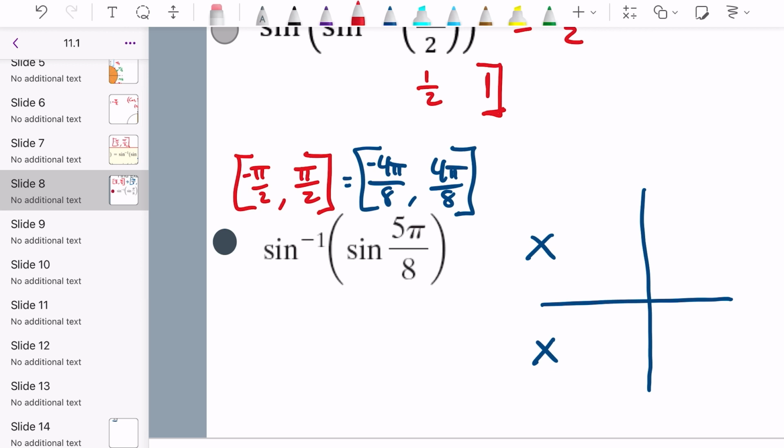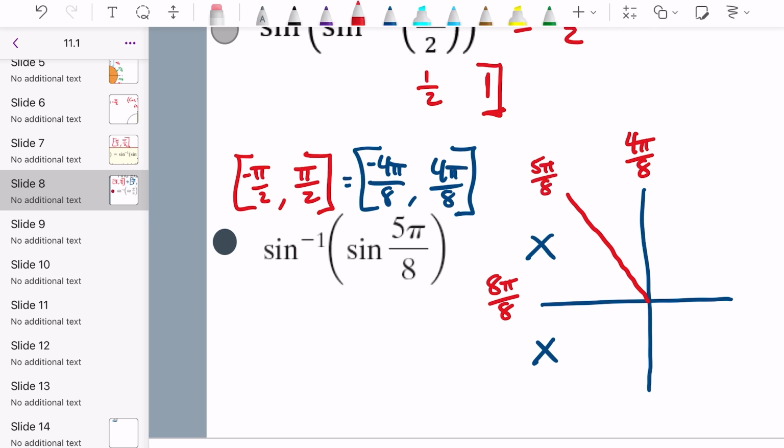Notice in this case, 5 pi over 8 would lie between 4 pi over 8 and 8 pi over 8. This line would fall roughly in that location.